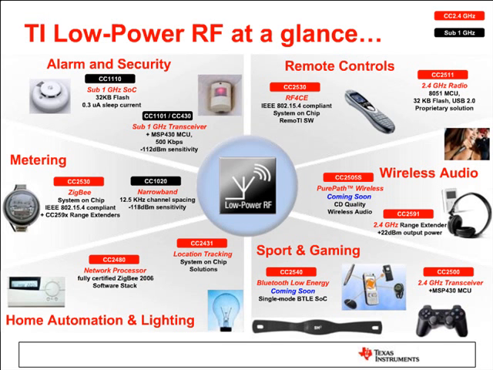If you look at TI's portfolio overall, it's actually quite broad, and especially in the wireless space, a good way of breaking it down would be the sub 1 gigahertz and the 2.4 gigahertz.